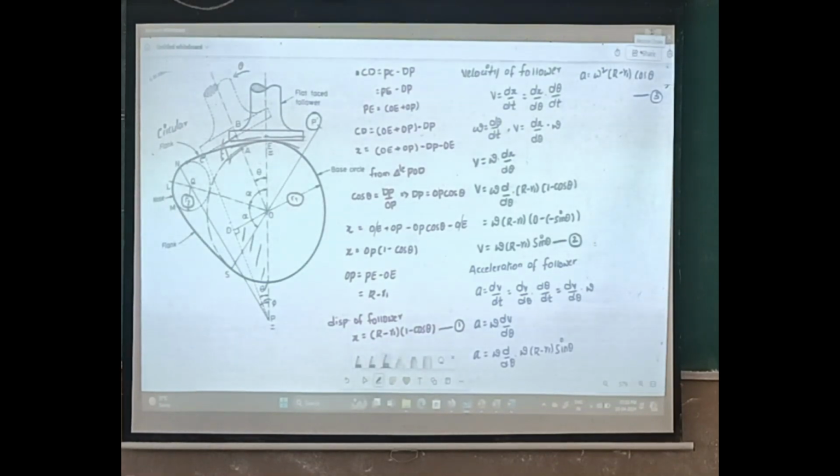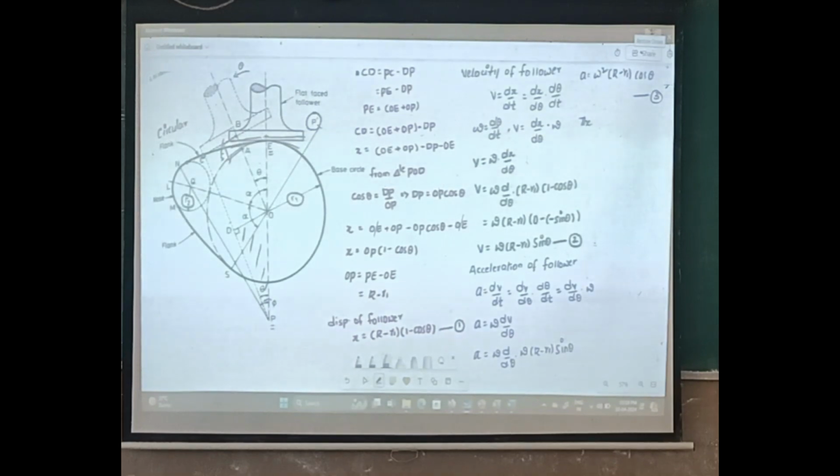So all these three equations will satisfy at any point on the circular flank with a radius of capital R. Here we can say that the maximum angle that can be turned for half of the motion of the follower is pi, and the minimum angle is 0.